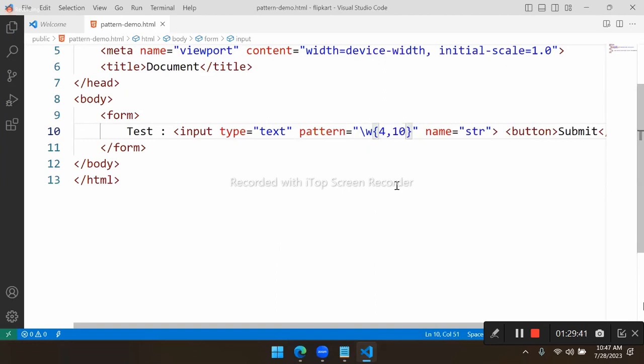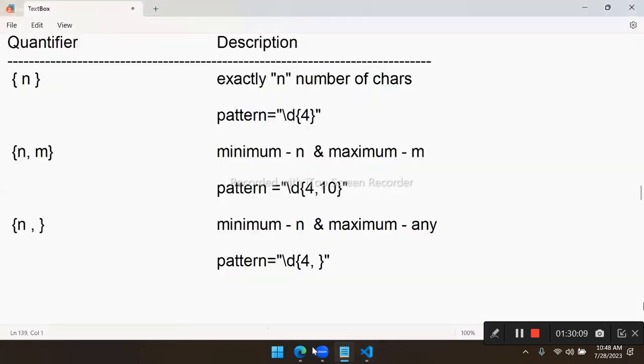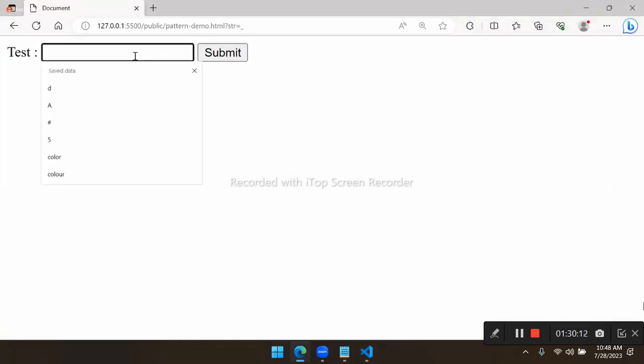So what does \w mean? What does \w allow? Lowercase alphabet, uppercase alphabet, numbers, and one special character, what is it, underscore, between how many characters? 4 to 10. That means you can give any name from 4 to 10. Suppose you are defining like this, I entered some John, JOH, not allowed.